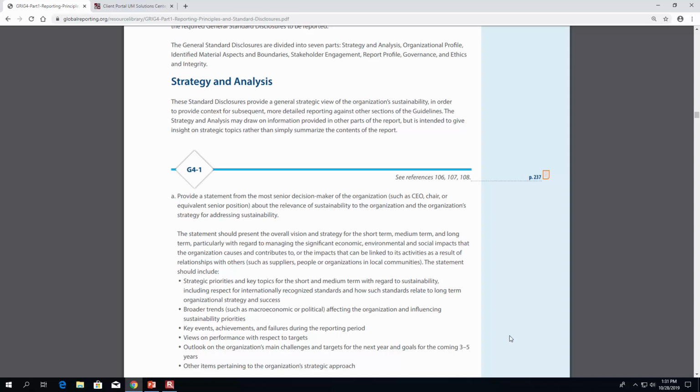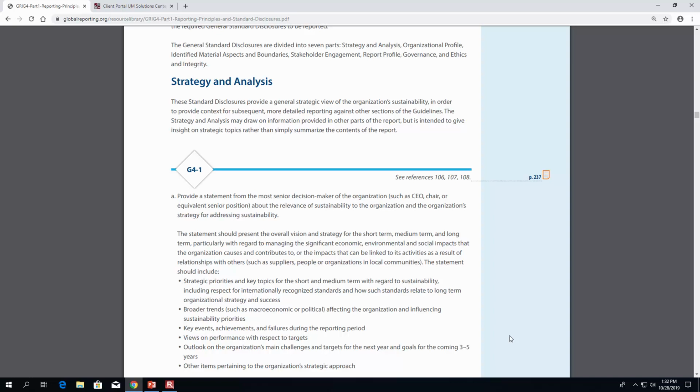So can I just write a sentence? No, you have to identify all these things. So obviously, somebody senior in your organization is going to need to spend a pretty concerted amount of time identifying the key achievements and failures during the reporting year, et cetera, et cetera. So when we go into our UPS report, one of the things I'm going to ask you to look for is, hey, can you find this? Did it do all these things? Or does it just look like a bunch of gloss over?